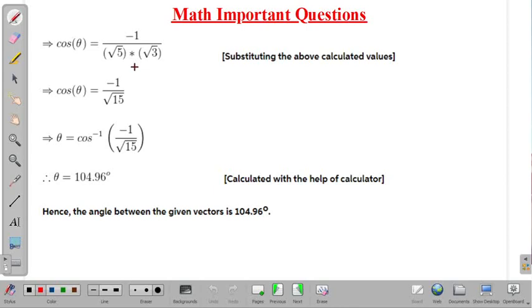With the help of a calculator, we can find the value of theta, which is 104.96 degrees. Hence, the angle between the given vectors is 104.96 degrees.